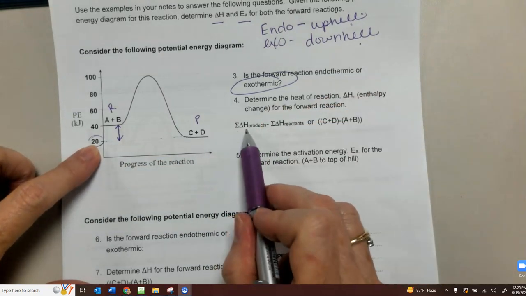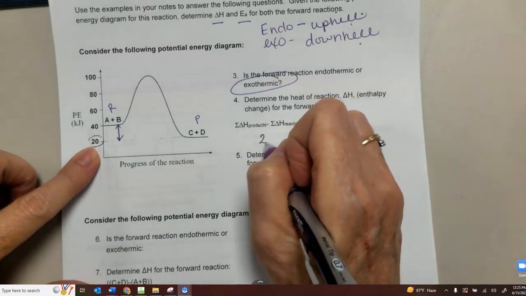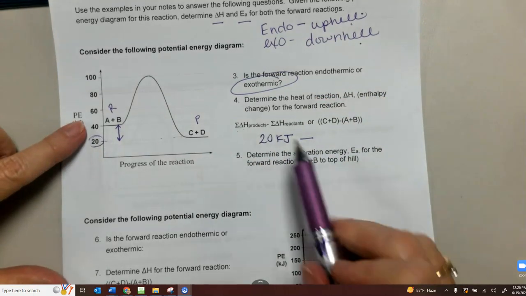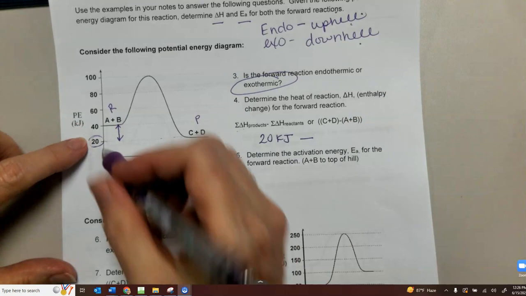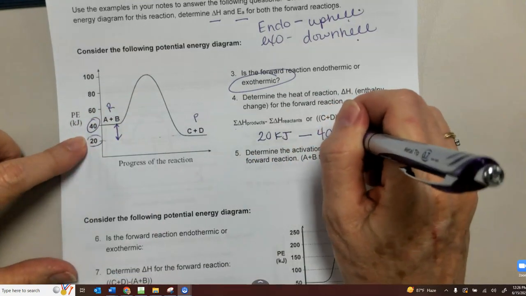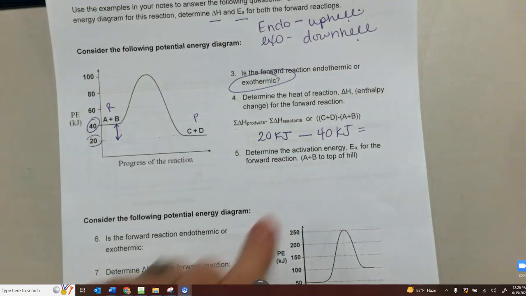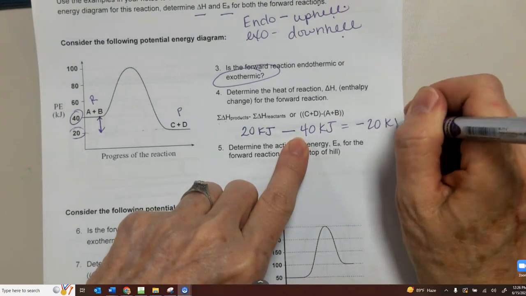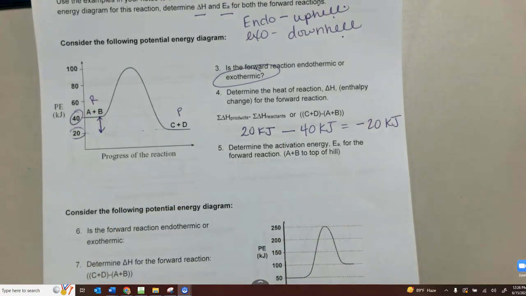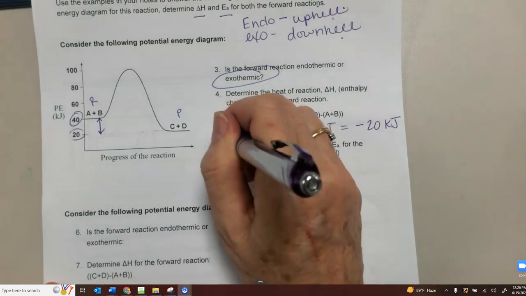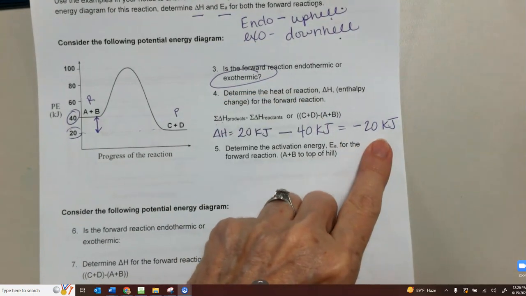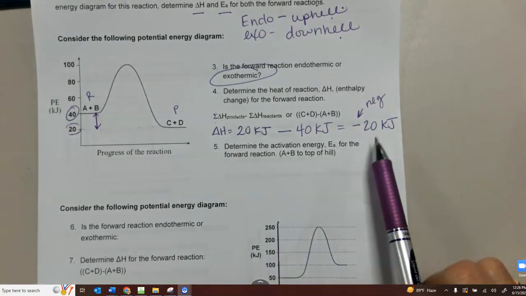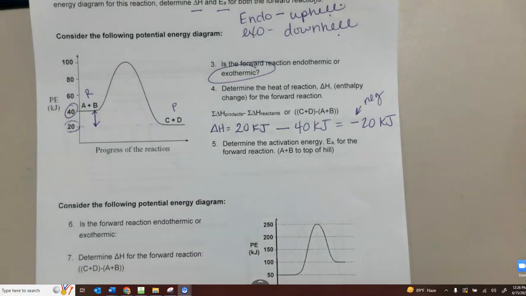So the sum of the change in heat for the products, that's 20 kilojoules of energy, and we're going to subtract the sum of the change in heat for the reactants, which we can see is at 40. And we just subtract. So 40 minus 20 gives us negative 20 kilojoules of energy, which makes sense, right? Because the delta H for an exothermic reaction is negative, right? So that would make sense if this is an exothermic reaction.